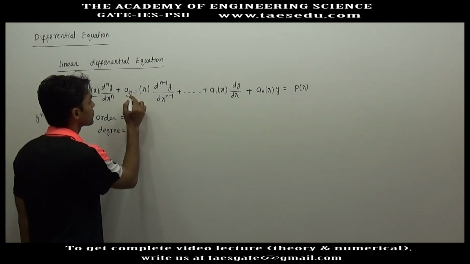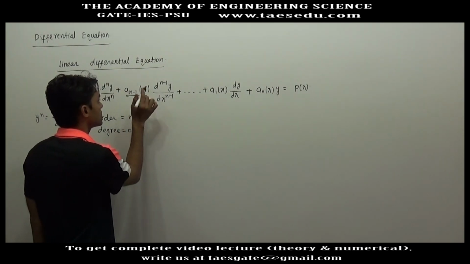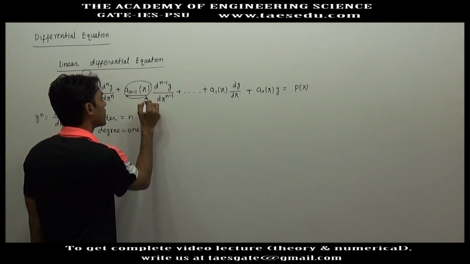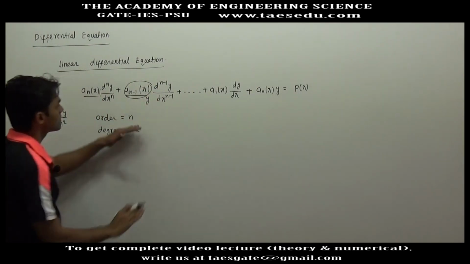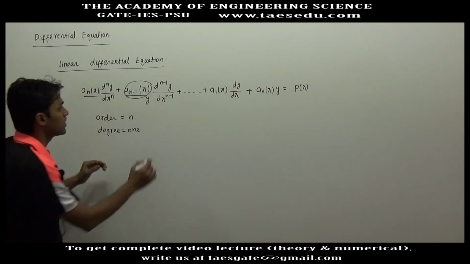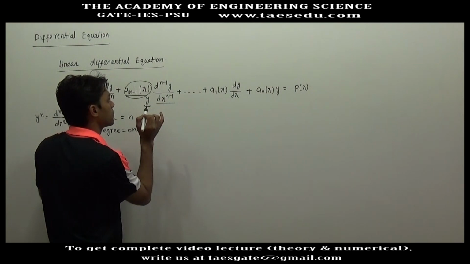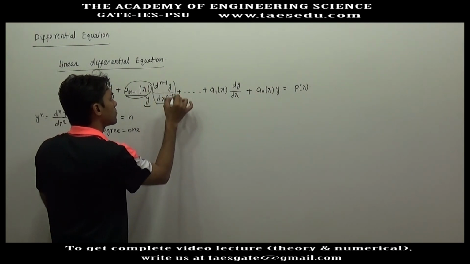This must be a function of x. Instead of an-1(x), this is a function of x. If we have y here, then in this case this will become a nonlinear differential equation. Any order derivative of y cannot be multiplied, or its power cannot be 2.